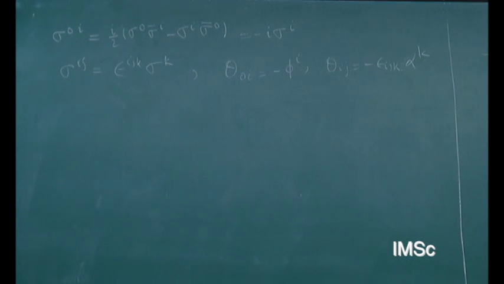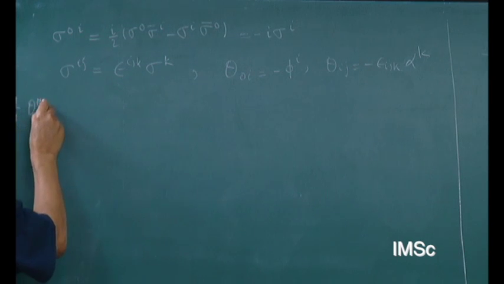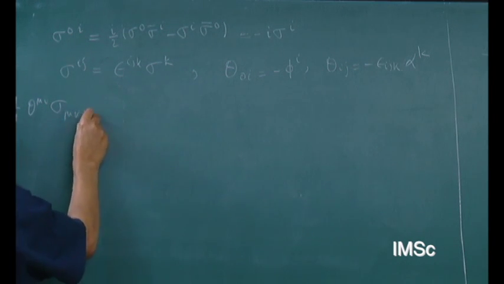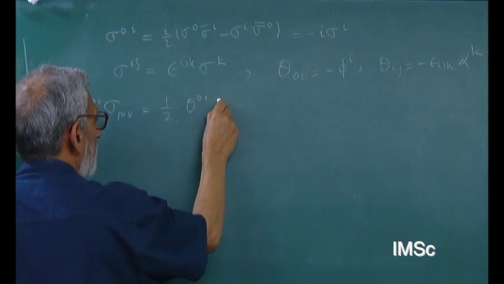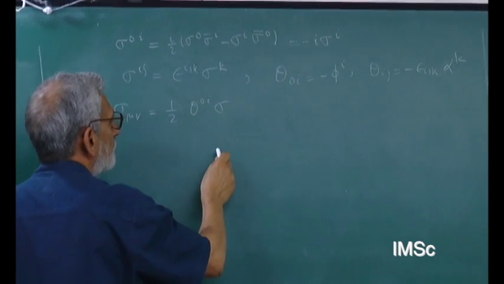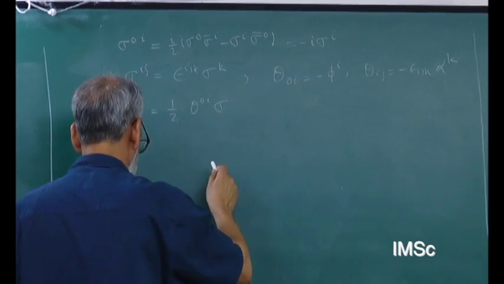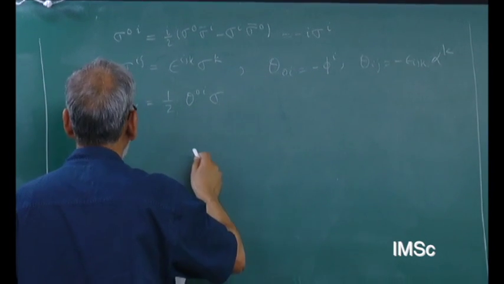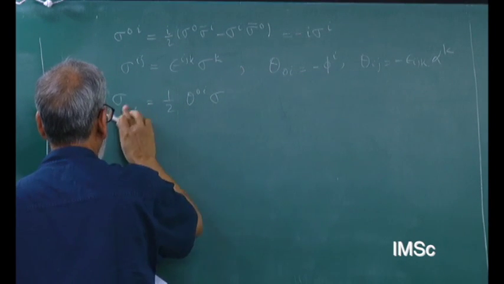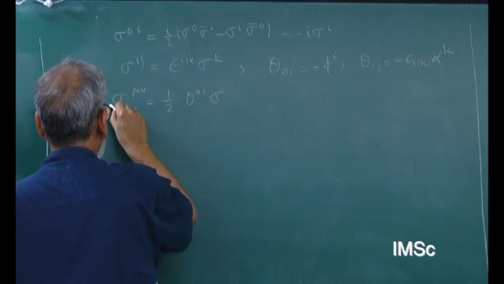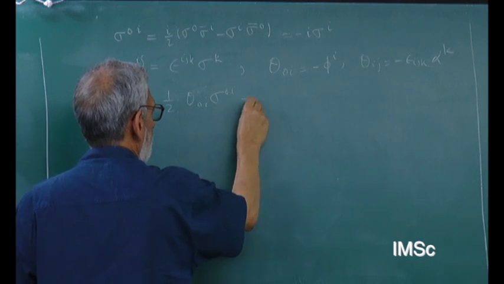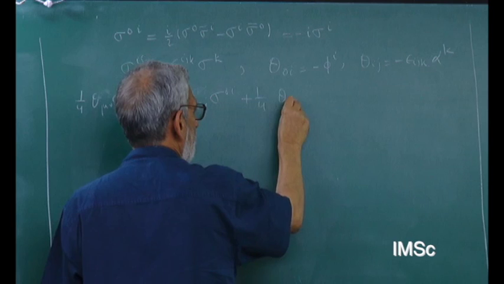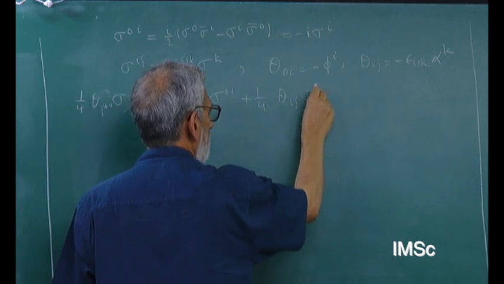Now let me take this object, 1/4 theta mu nu sigma mu nu. I can write this as 1/2 theta 0 I sigma 0 I, well, let me keep the way I have done it in my notes, plus 1/4 theta ij sigma ij.